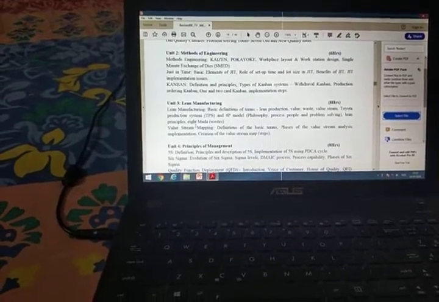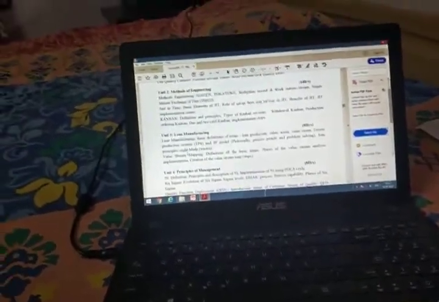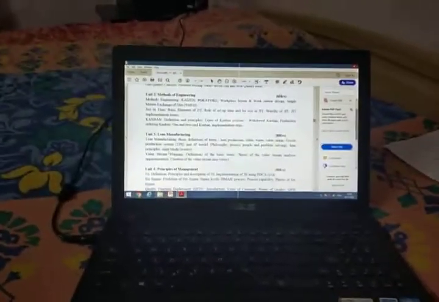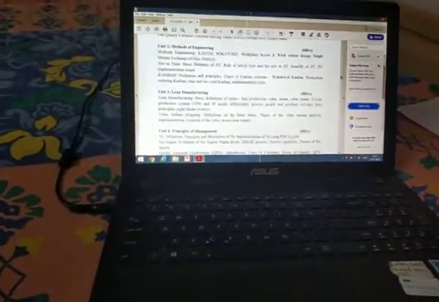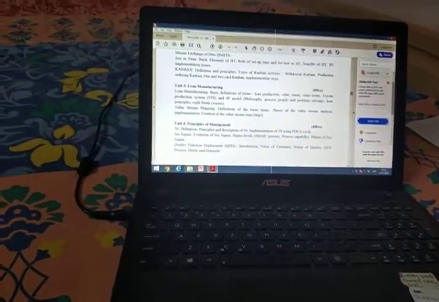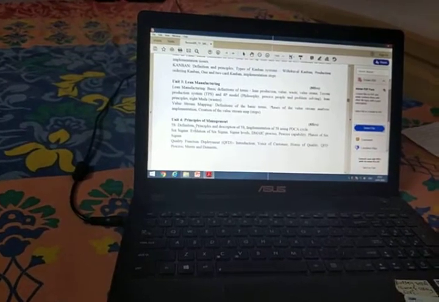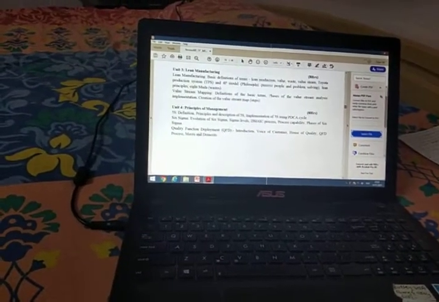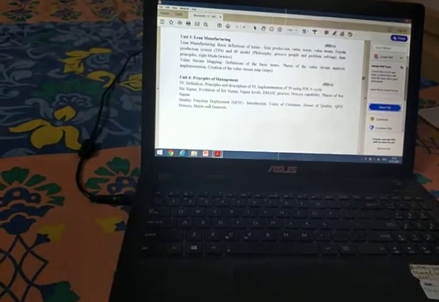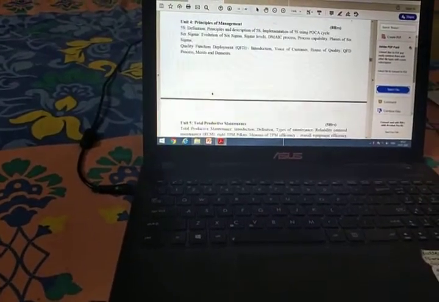Then for having this lean manufacturing, we must go for the different principles of management. For that purpose we have to learn how to apply 5S, 6 Sigma, QFD in the organization.